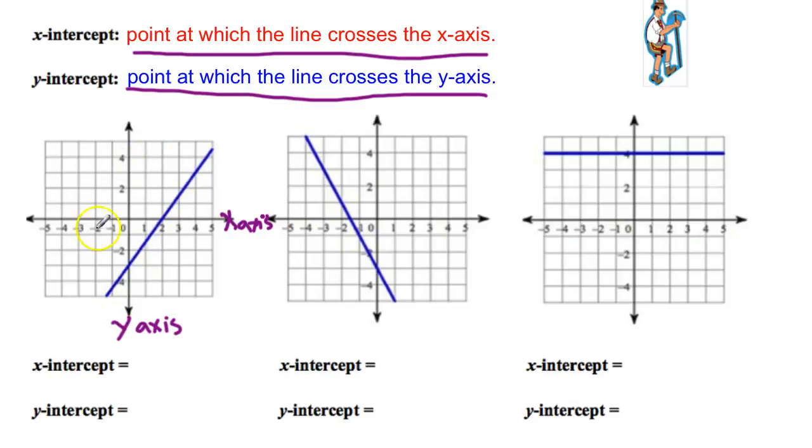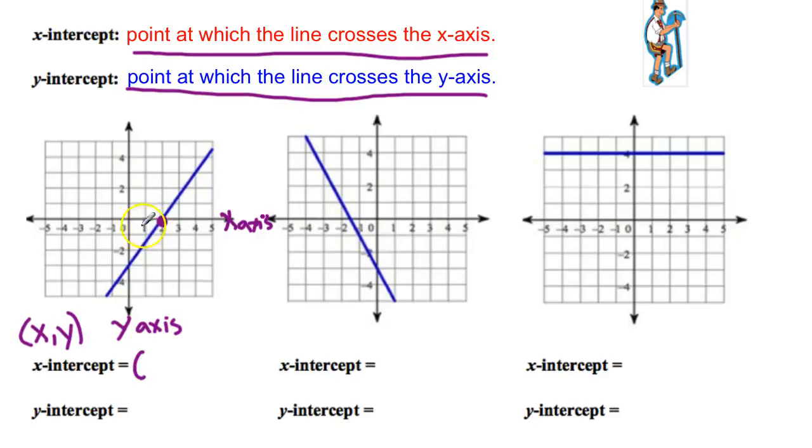Alright, so this example right here, where does the line cross the x-axis? So this is the x-axis, and this line, it crosses right here at this point. How do we label this point? So it says x-intercept. Well, if you remember, when you label points, the x value comes first, and then the y.